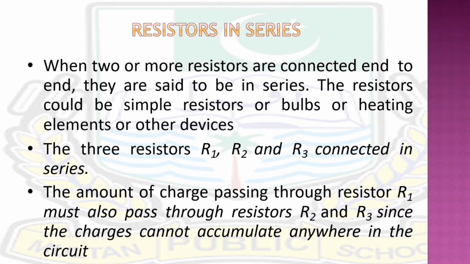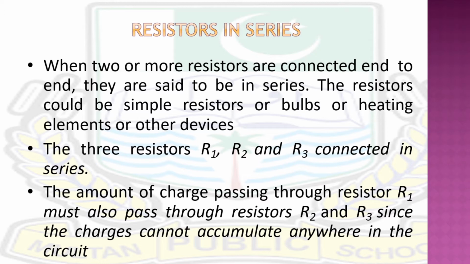Resistors in series. When two or more resistors are connected end to end, they are said to be in series. The resistors could be simple resistors or bulbs or heating elements or other devices.